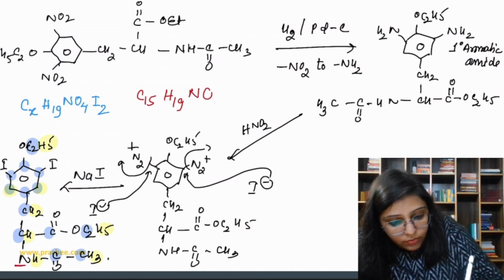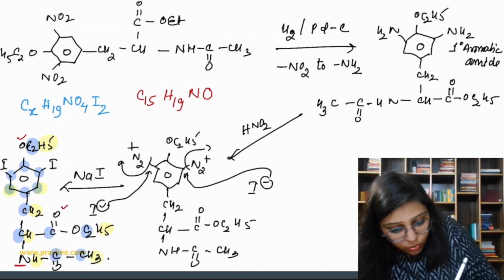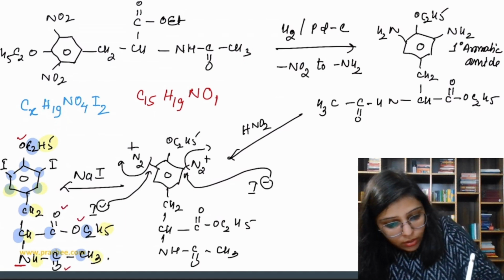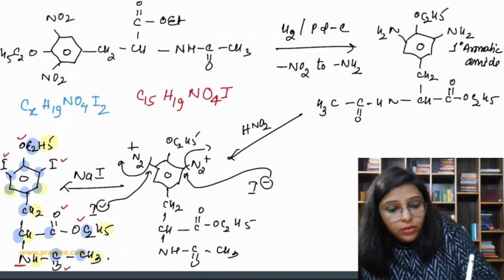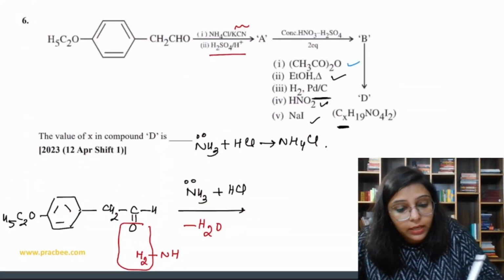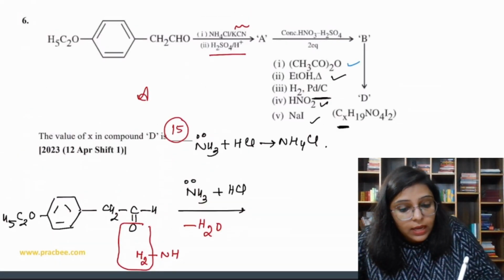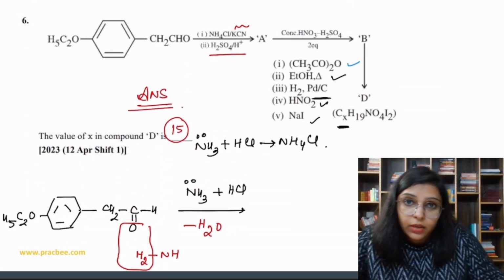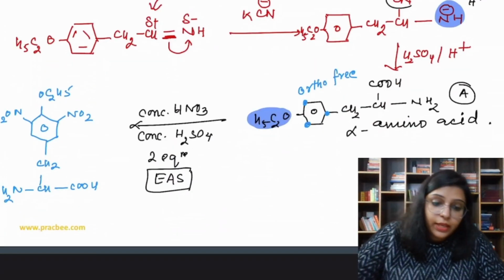Oxygen we have 4, and we have 2 iodine. So the value of X is going to be 15. So we have to report the answer as 15. Answer is 15. Okay. Now let's do the next question.